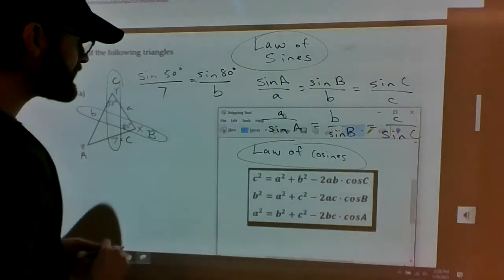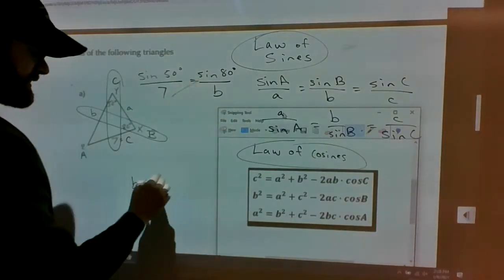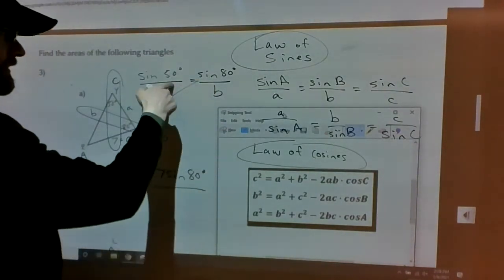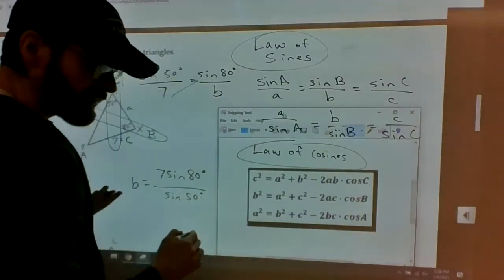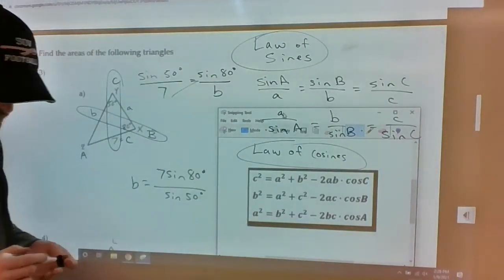So what does B equal? B equals 7 times the sine of 80 degrees divided by the sine of 50 degrees. I just did the proportion. Sine of 50 should be over here, but you divide both sides to solve it.